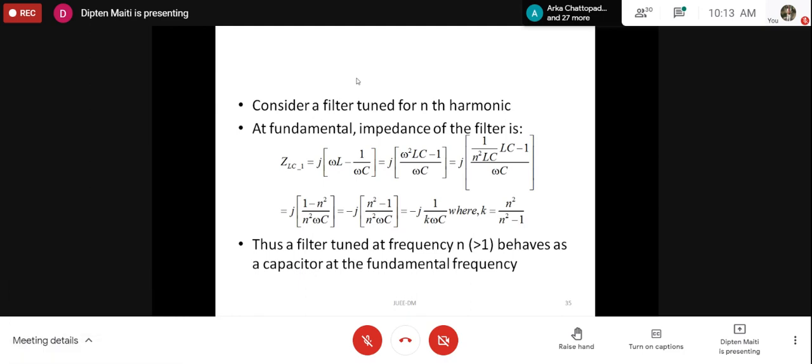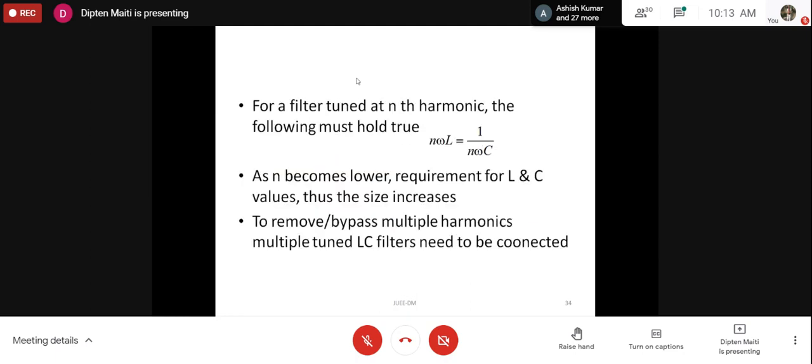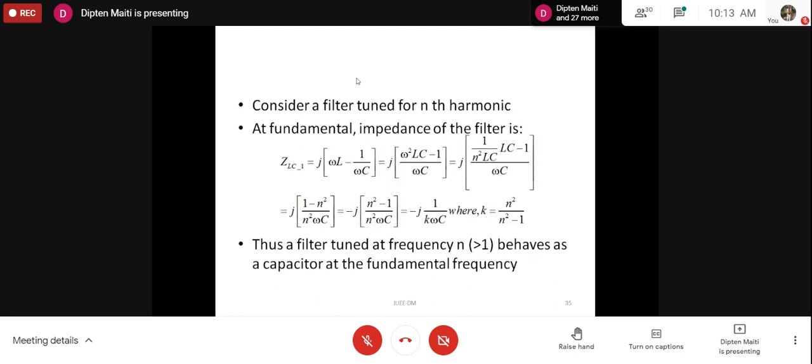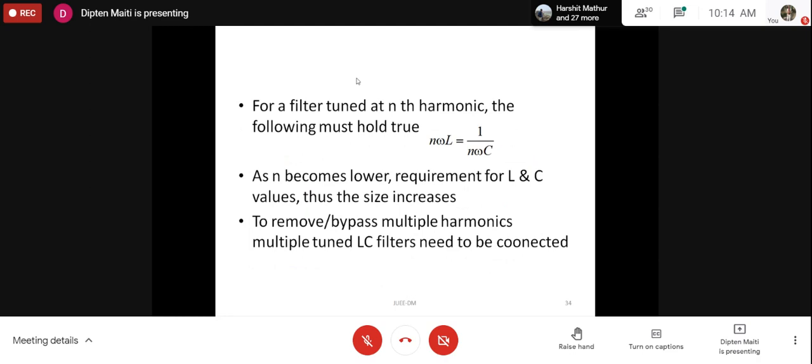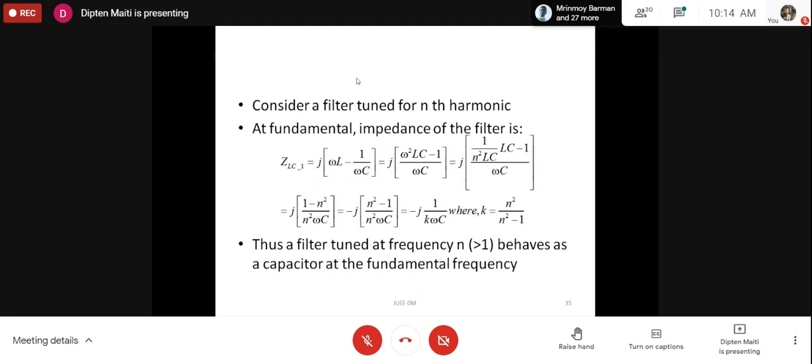Now put here, if the LC filter is tuned at the nth harmonic, so if you go back here, L into C would be equal to 1 by n square omega square, or omega square equals 1 by n square into LC, and go on simplifying things.